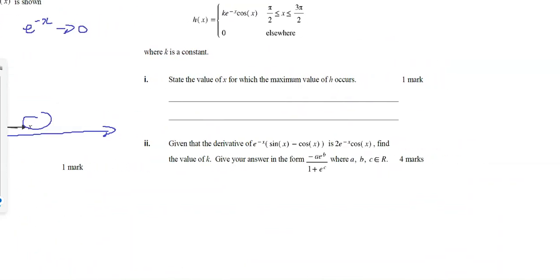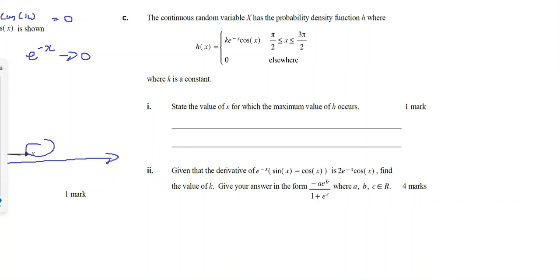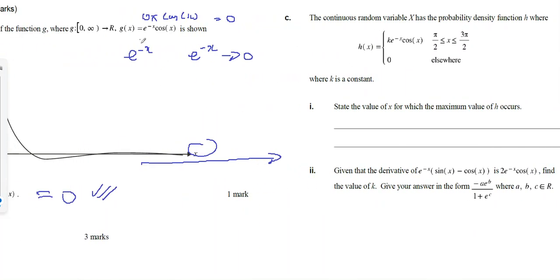Moving along, we end up with part C. We now have a continuous random variable where, lo and behold, that's this graph, except with the k in front. So the k isn't going to affect things. State the value of x at which the maximum value of h occurs.